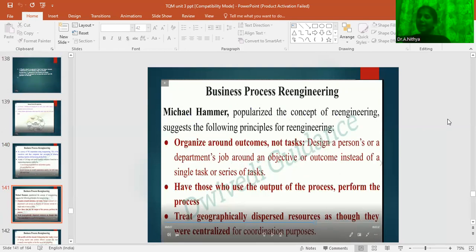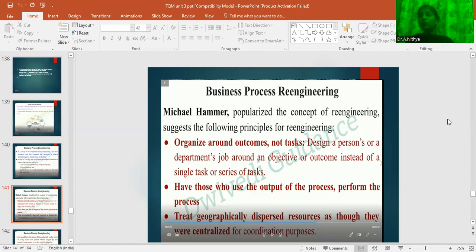So, Michael Hammer, who popularized the concept of reengineering, also discussed some principles. That is, organize around outcome, not task. So, design a person's or a department's job around an objective or outcome instead of a single task or a series of tasks.